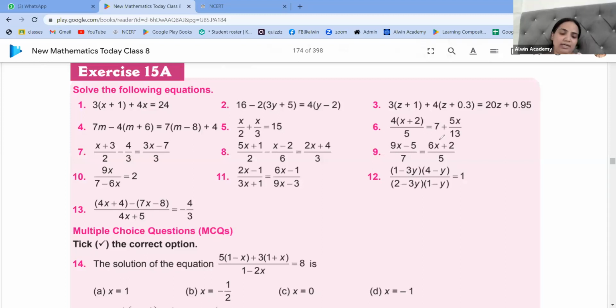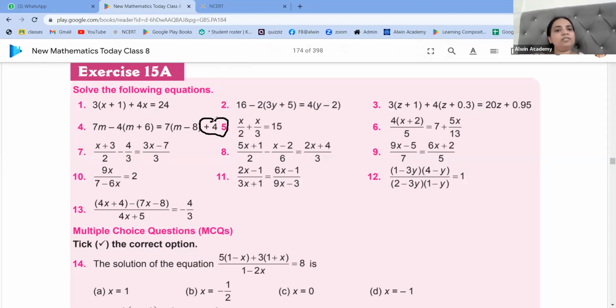I'll guide you in this. Let me check Anagha's answer. Arey Anagha beta, you didn't write the complete question. You missed writing this +4, beta.